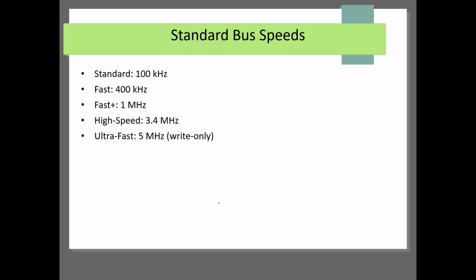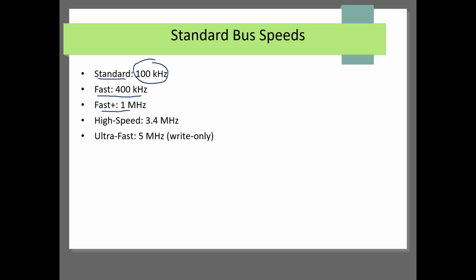There are several speeds this I2C protocol supports. Standard speed is 100 kilohertz. This is the frequency, and based on the frequency we can find the delay, and also say how much speed it is. So this is the standard mode at 100 kilohertz, and fast mode at 400 kilohertz.